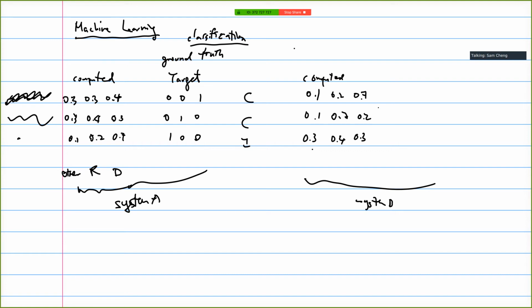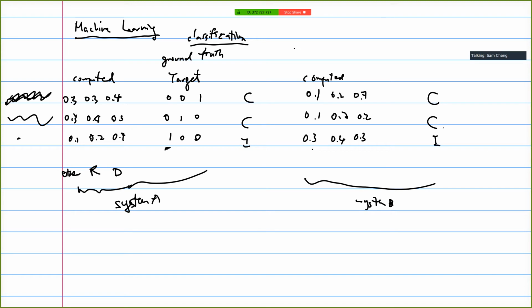If you look at this case, again for the first record, it predicted correctly, so this one is also correct. The second record is also predicted correctly, and for the third record, system B predicted that guy to be a Republican, but actually he is independent or other.